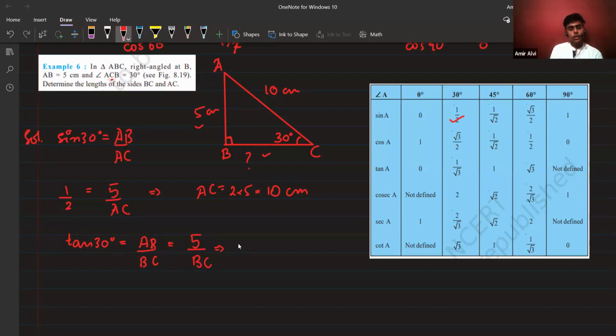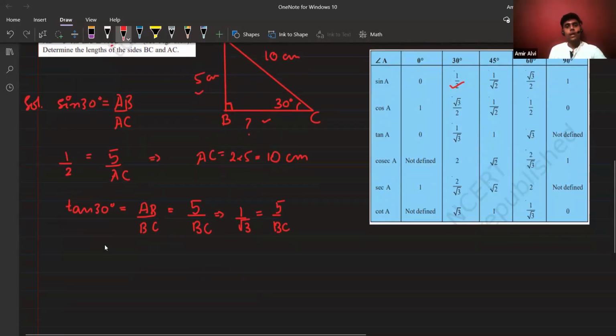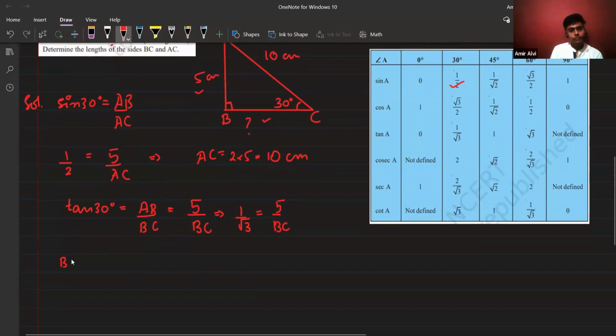Now tell me, what is the value of tan 30? 1 by root 3, equals 5 by BC. Now cross multiply both of them. BC equals 5 root 3 centimeter.